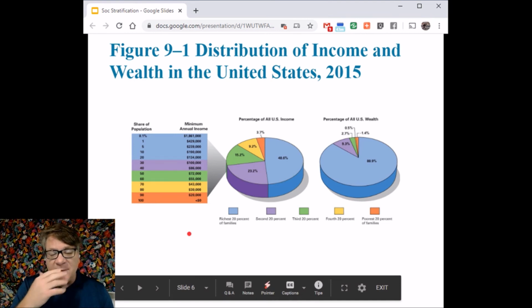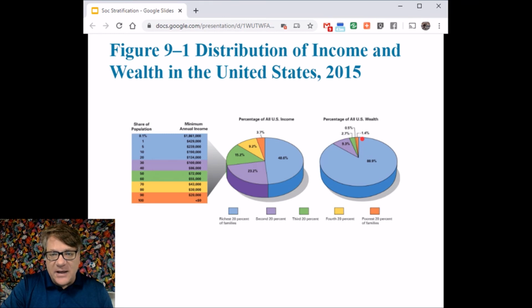A while ago, we had negative 1% in 2005 in the bottom 20% of families, and you can see here in 2015, it's negative 1.4. So more people are showing no wealth or are in debt in 2015 compared to 2005, over that 10-year time period.